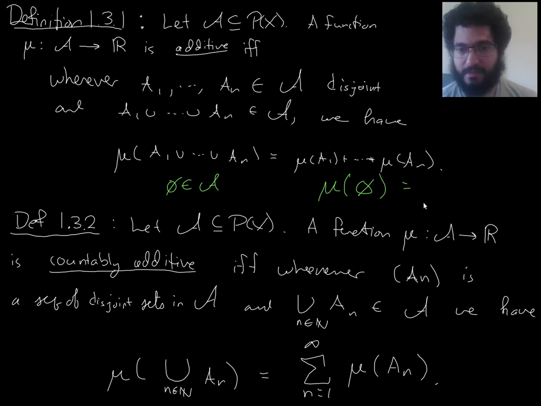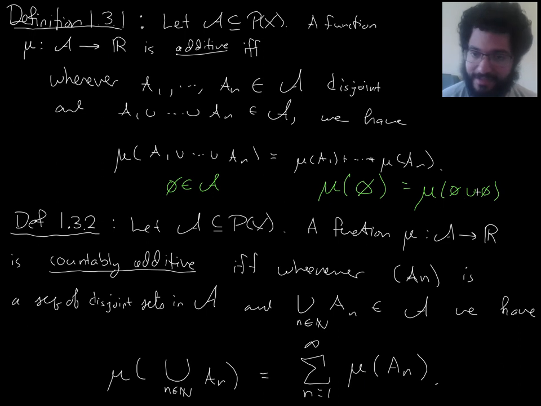This is a very common standard trick if you've taken an algebra class, basically, or even just linear algebra. So notice that the empty set is the union of the empty set with itself, and the empty set is disjoint from itself, right? The intersection of the empty set with the empty set is empty.